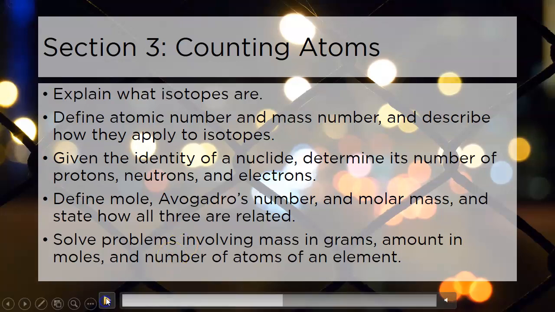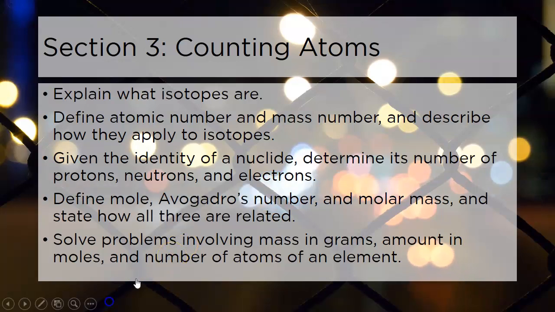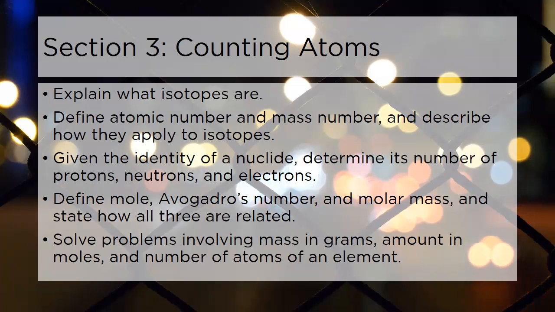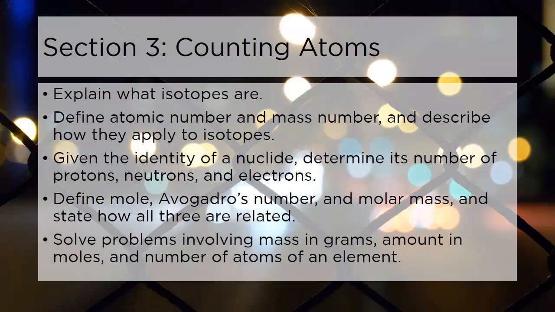So in section 3, we're going to be talking about isotopes. Remember, according to Dalton, all the atoms are identical, but we know today that that's not true. So we're going to talk about what isotopes are in terms of atomic and mass number, and then also determine protons, neutrons, and electrons.